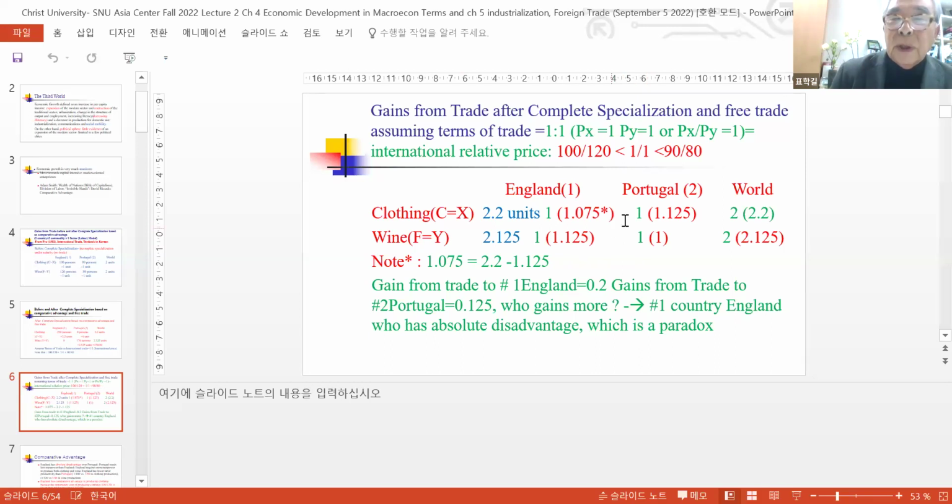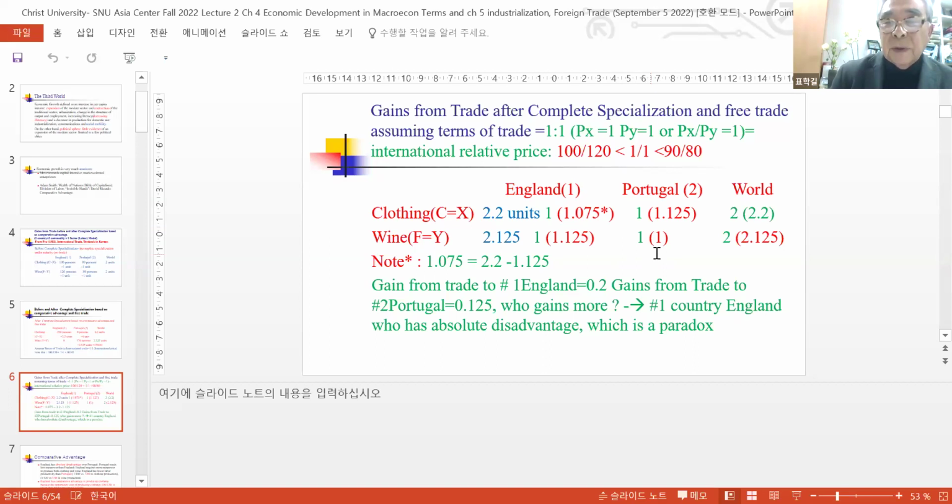But if they engage in complete specialization and free trade, England can have 2.2 units of clothing. Portugal has 2.125 wine.